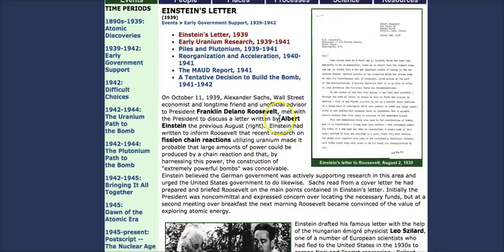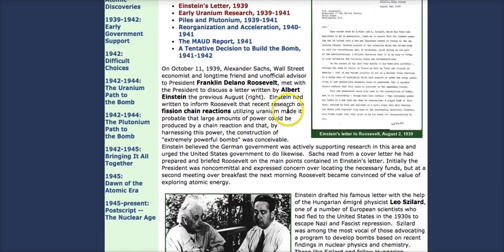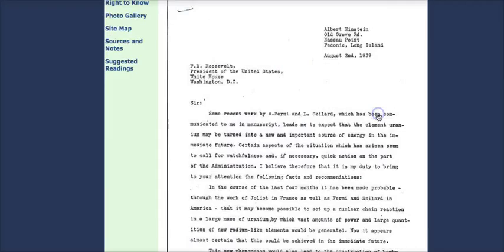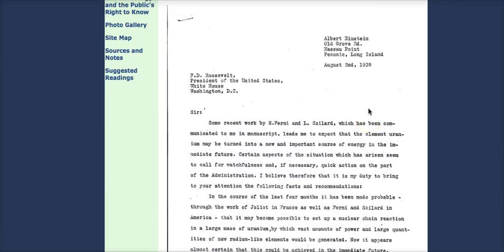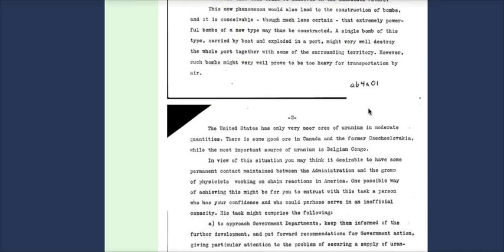Let's see, it says Franklin Roosevelt met with Einstein and talked about the recent research on fission chain reactions utilizing uranium. Okay, so here's this letter from Albert Einstein to the president at the time about this topic.